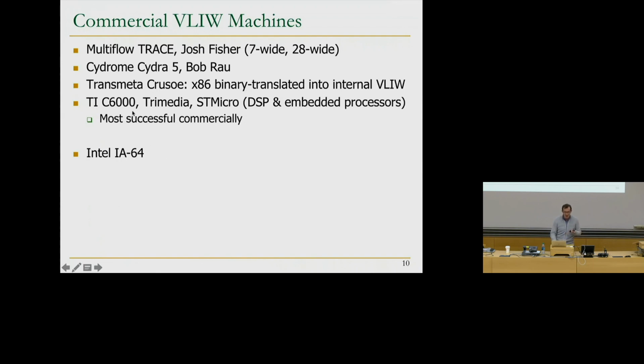So the most successful VLIW machines commercially are actually in embedded systems, digital signal processors and embedded processors, which we will also briefly talk about soon. If you know about TI's machines or Trimedia or STMicro, they actually are embedded processors. There you have programs that you can analyze well, and the compilers have been built to analyze them well to extract instruction level parallelism.